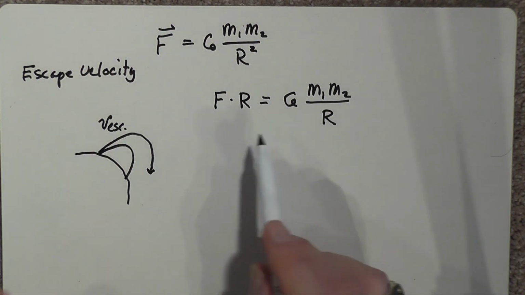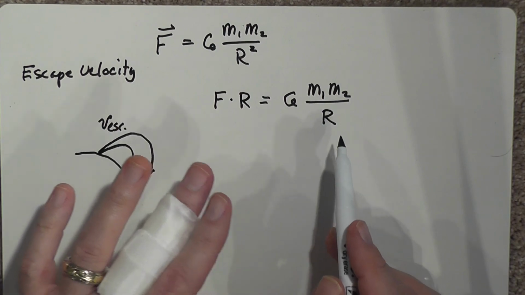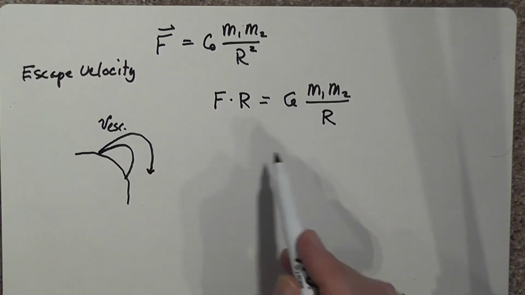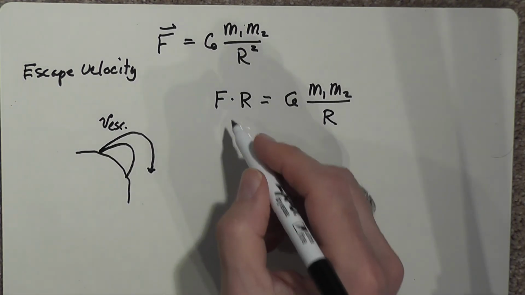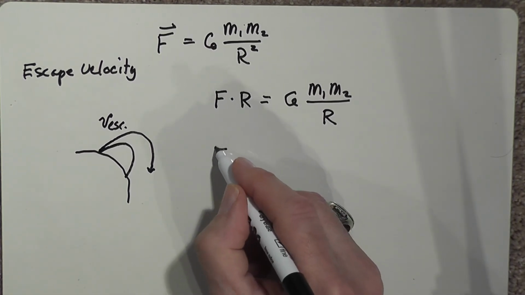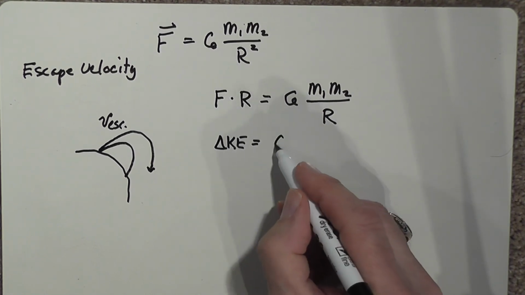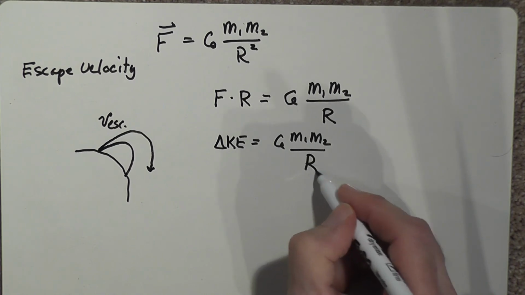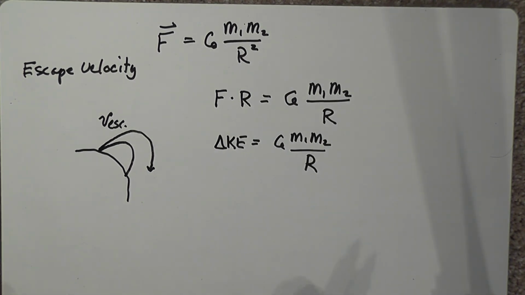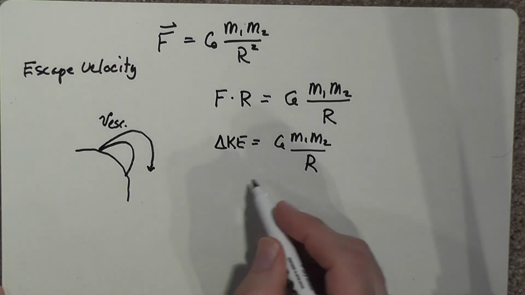Both sides of the equal sign are equivalent to joules, or energy. We take this force times distance and say this is kinetic energy. So kinetic energy is equal to G M1 M2 over R. Now I don't like just having kinetic energy there because I need a velocity. So what is that?